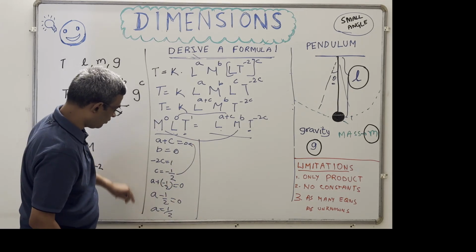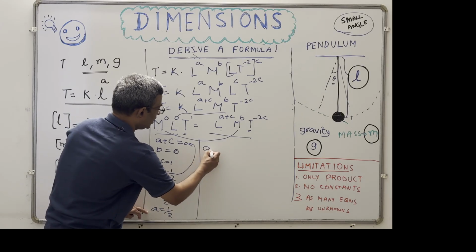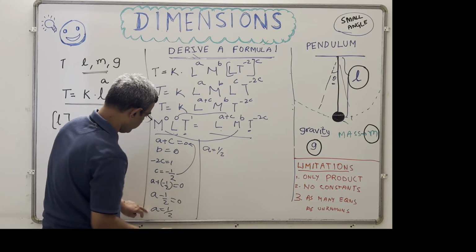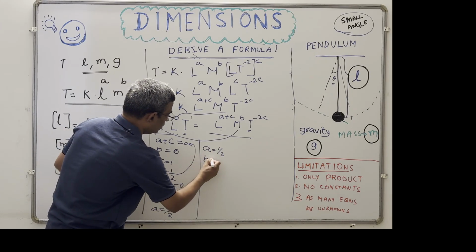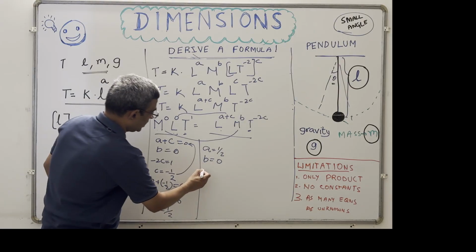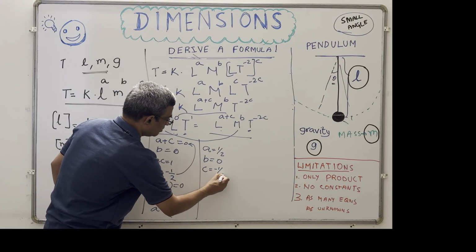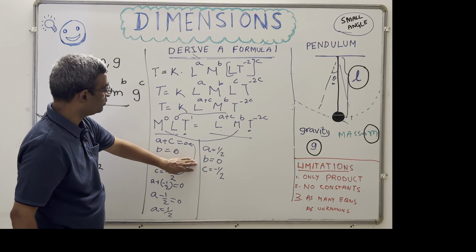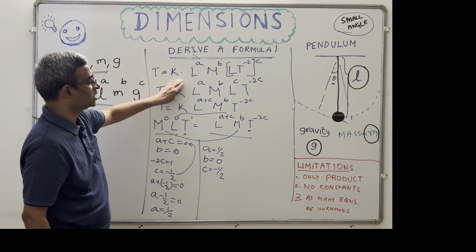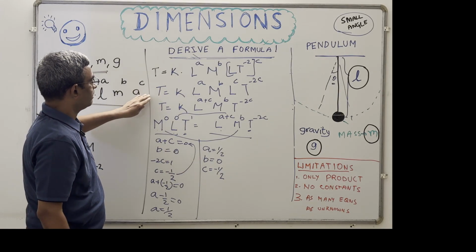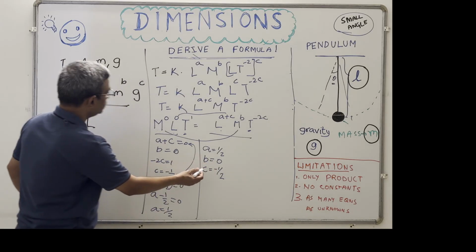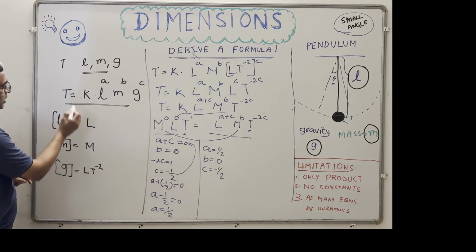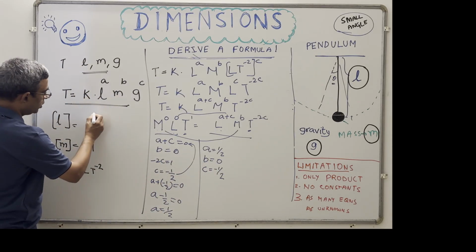So what values we have here? a is equal to 1 by 2, b is equal to 0, and c is equal to minus 1 by 2. So these are the values we found out using dimensional analysis. All right, now let's substitute these in our original formula. So what do we have now?